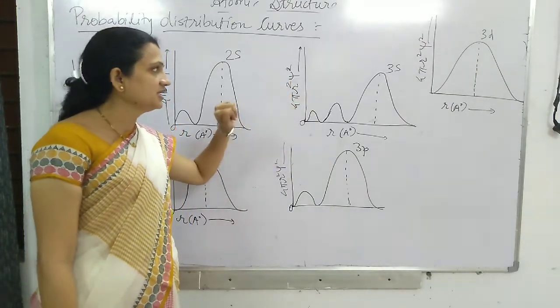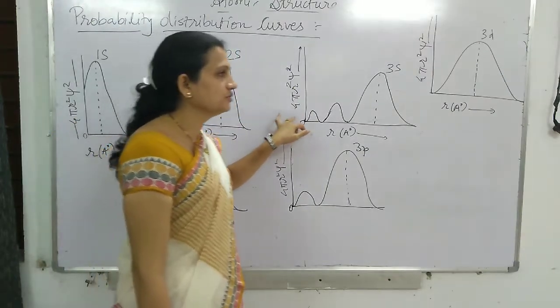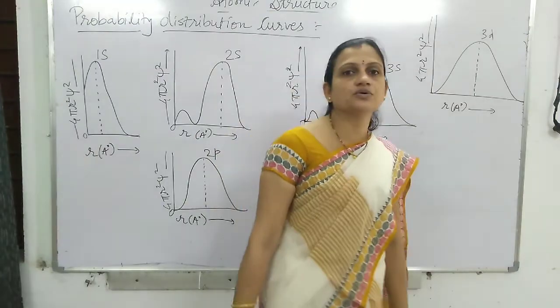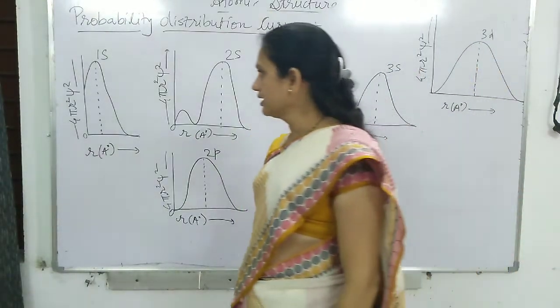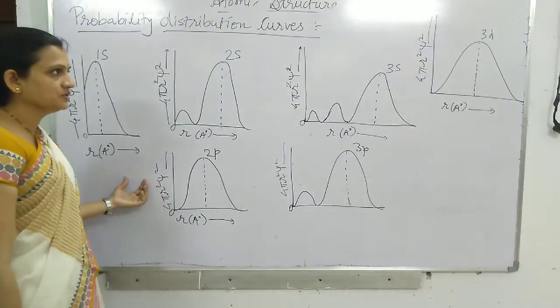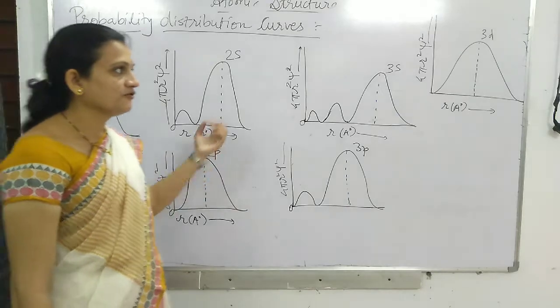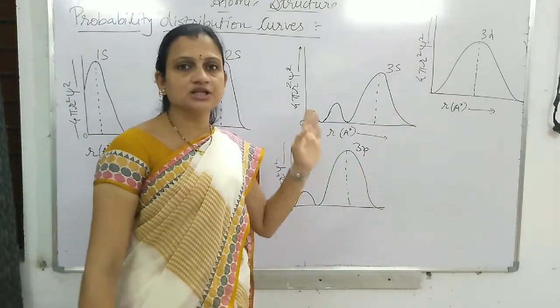So 4 pi r square into psi square shows the maximum probability of finding an electron. These curves are known as probability distribution curves.